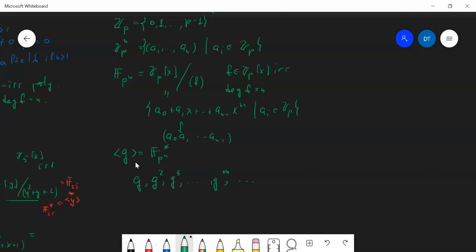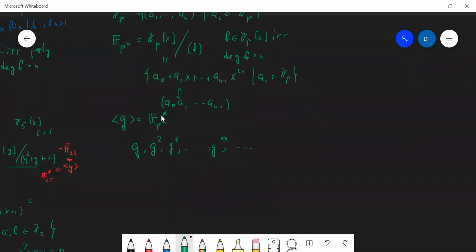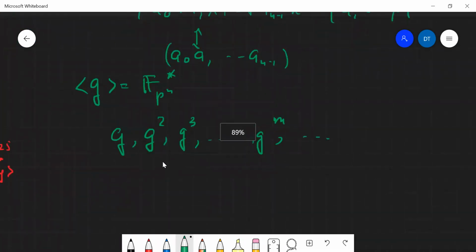Then you choose a generator of the multiplicative group of F_p^n. And now, how to generate a sequence of random elements of F_p^n star? Well, you just consider the sequence of all possible powers of your generator. And each power corresponds to a polynomial of the form a_0^(3) plus a_1^(3) x plus etc. plus a_{n-1}^(3) x^{n-1}.